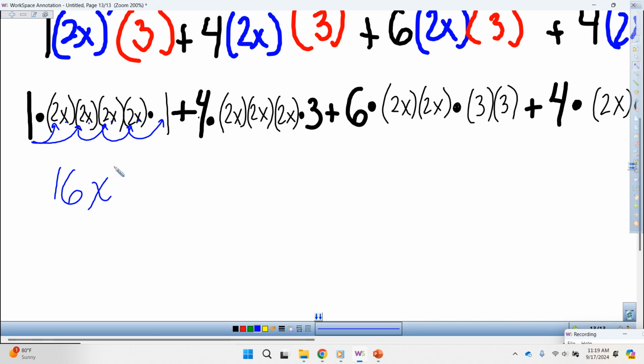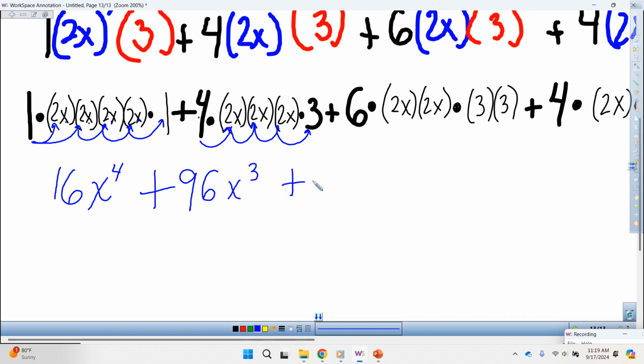That's x to the 4th power. Plus, once again, we're doing numbers times numbers, variables times variables. What is 4 times 2? 8 times 2, 16 times 2, 32 times 3, 96. Very good. What is x times x times x? X to the 3rd.